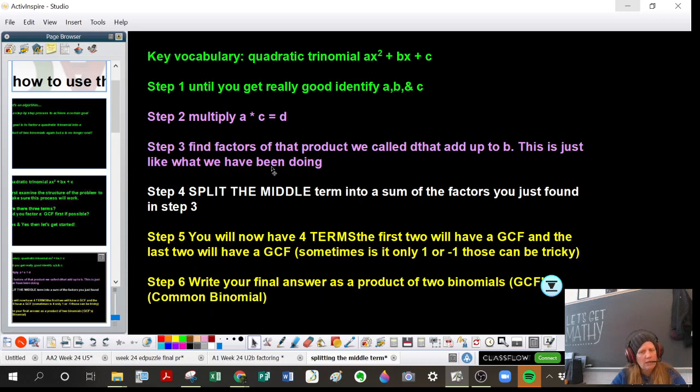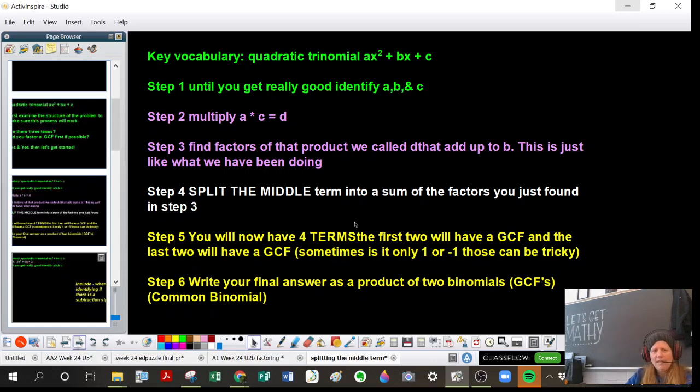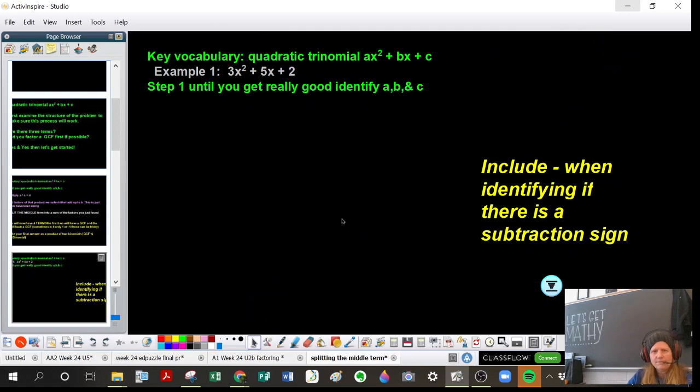That can be a little tricky, so we're not going to start off with those right away. Then step 6 is the woohoo, all done. Write your final answer as a product of 2 binomials. One of your binomials is going to be the greatest common factors, and the other binomial will be your common one. So let's see how this works in practice.